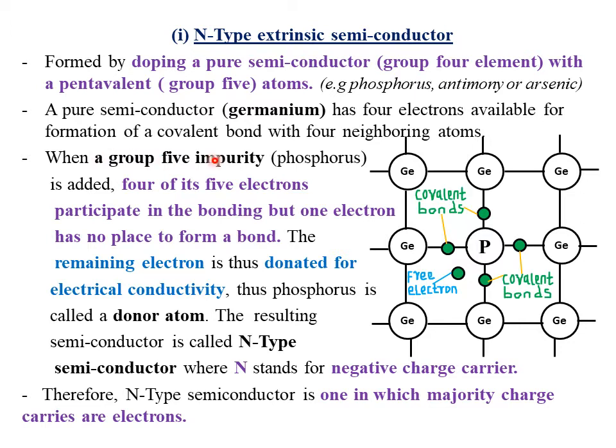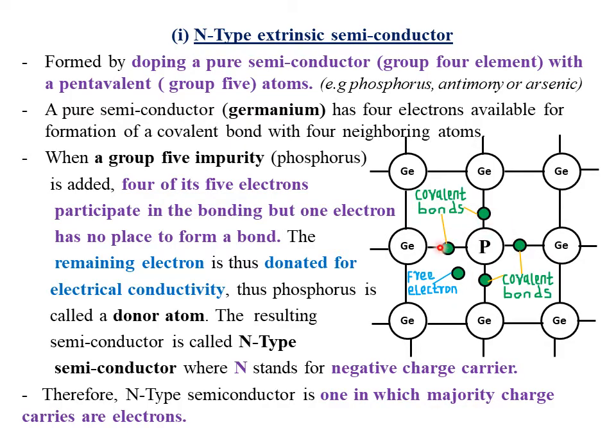When a group 5 impurity, or what we are calling a pentavalent atom, for example phosphorus, is added, 4 of its 5 electrons participate in the bonding, but 1 electron has no place to form a bond. In this case, we are using phosphorus, which is represented by a capital P. Of course, phosphorus is a group 5 atom. Therefore, it has 5 valency electrons.